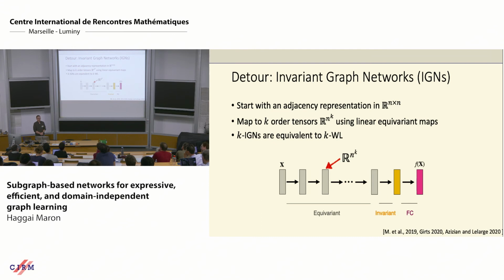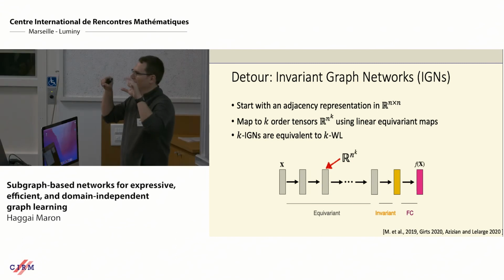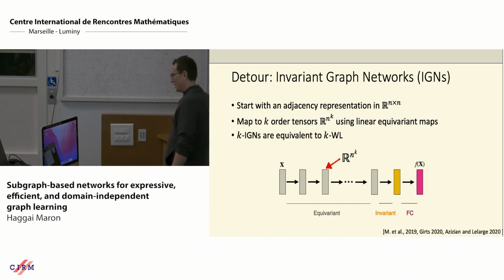We can think of an adjacency matrix as a 2-tensor, but you can think of a 3-tensor that represents all interactions between 3 nodes, and for k-order, the same.